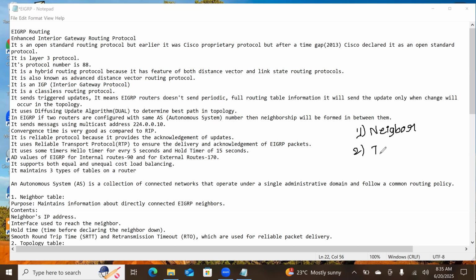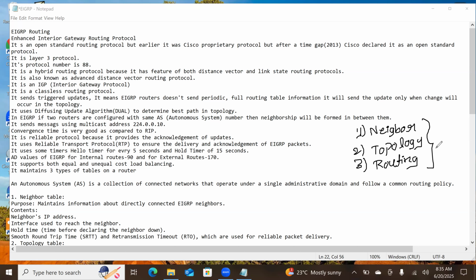The second one is the topology table. And the third one is the routing table. These are the 3 tables.